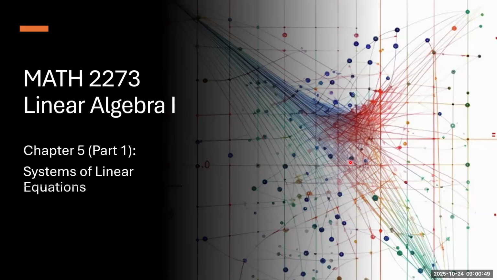So pretty much everything from here forward, you already know how to do. You would have encountered it at high school or maybe in your first year courses. And it's all pretty much row reducing.